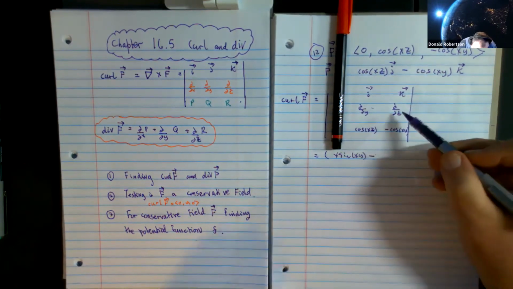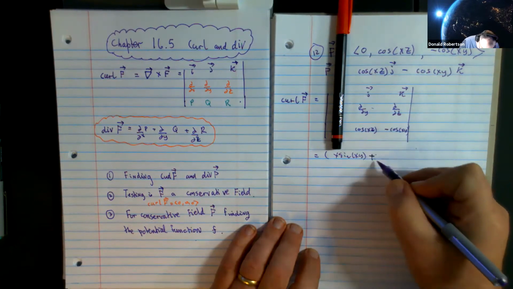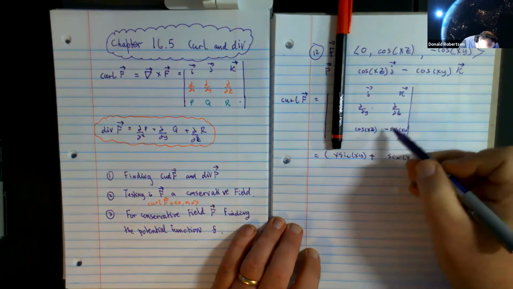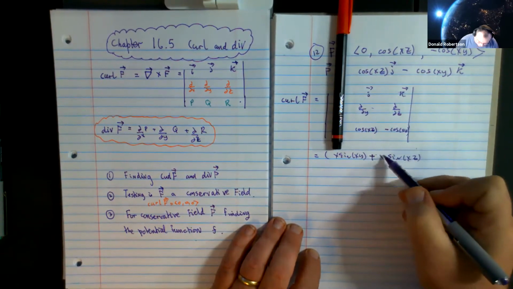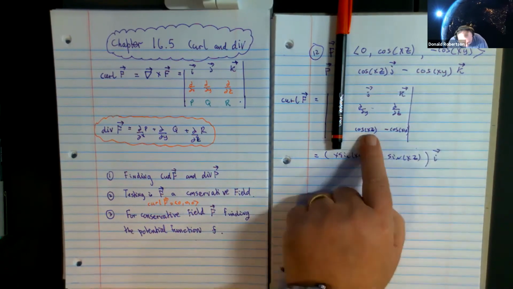Subtract, and if you go this way, cosine gets you a negative, so two negatives make that a plus. You'll also get a sine of xz, but with respect to z, you get an x. So if you differentiate this guy with respect to z, you get negative the sine of xz times an x, which is that.